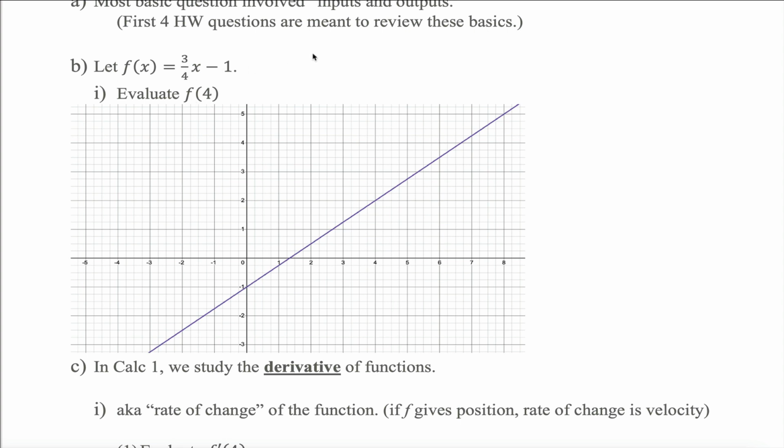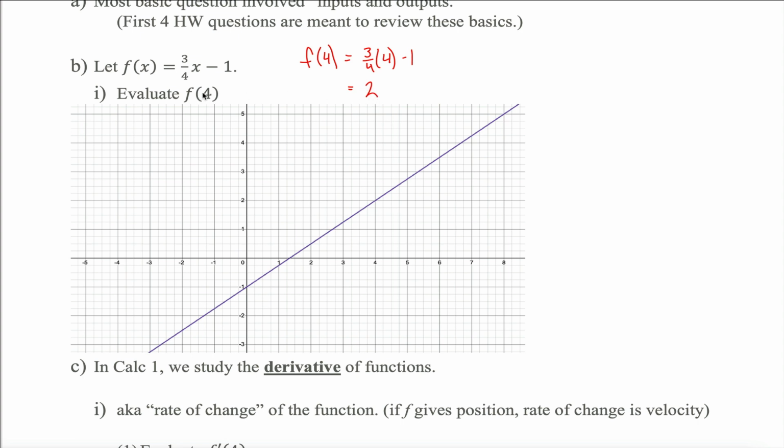So f of 4 equals 3/4 times 4 minus 1. To evaluate f of 4, all I have to do is figure out what 3/4 of 4, minus 1, is. Well, 3/4 of 4 is just 3, and 3 minus 1 is 2. So when I'm asked to evaluate f of 4, my answer is 2.